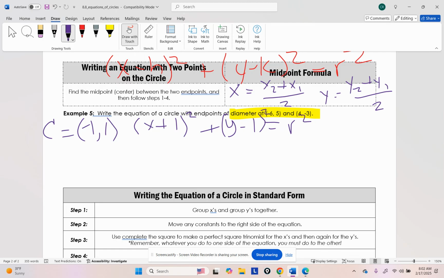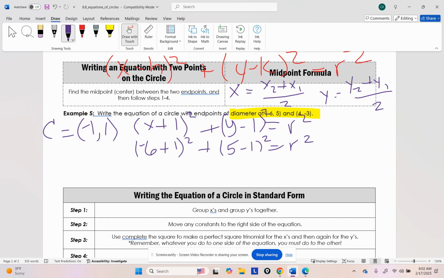Now we're going to plug in the point that we're going to use. So this becomes -6 plus 1 squared plus, and then we have our y, which is 5 minus 1 squared equals r squared. Okay, then we do the math.